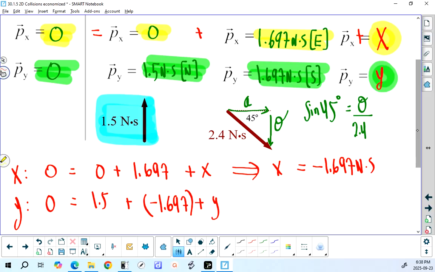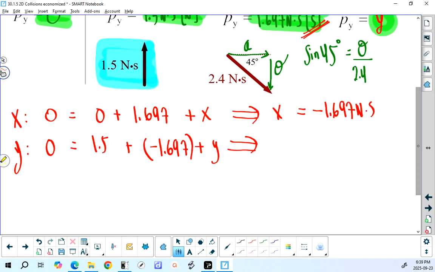And the reason why it's negative 1.697 is because that 1.697 is south. So when I solve this y equation, I end up with 0 equals 1.5 plus negative 1.697 is negative 0.197, and I just want to double check that.